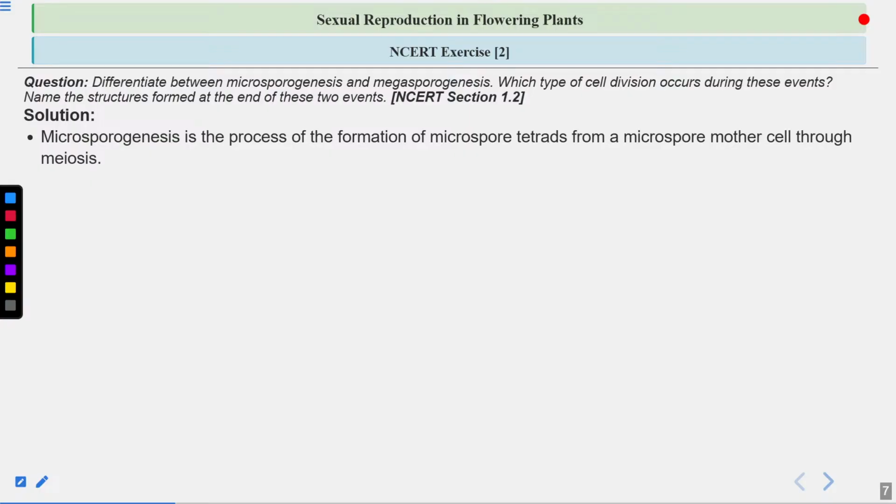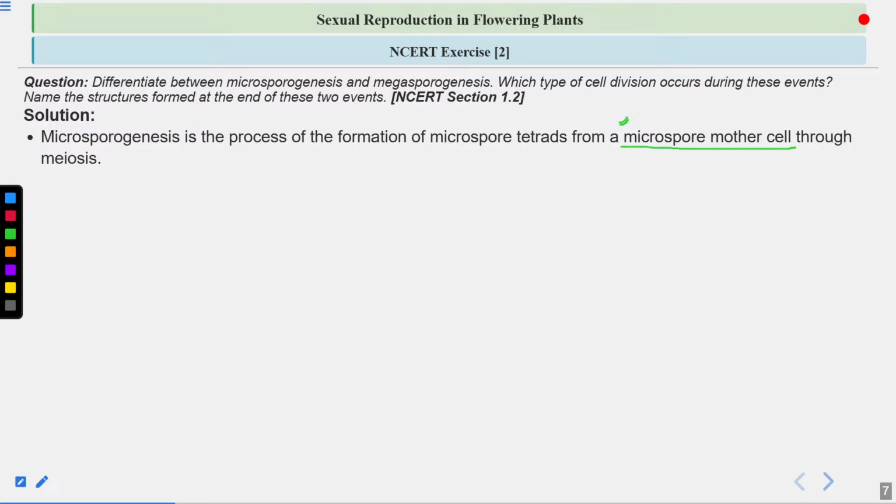So what is formed and from which cell? The first cell you see is the microspore mother cell. From which tissue does this microspore mother cell develop? This we must know.